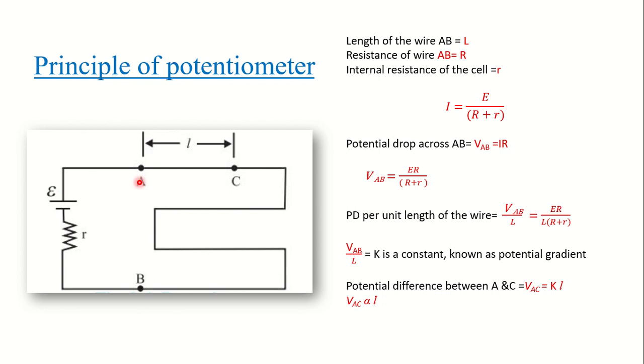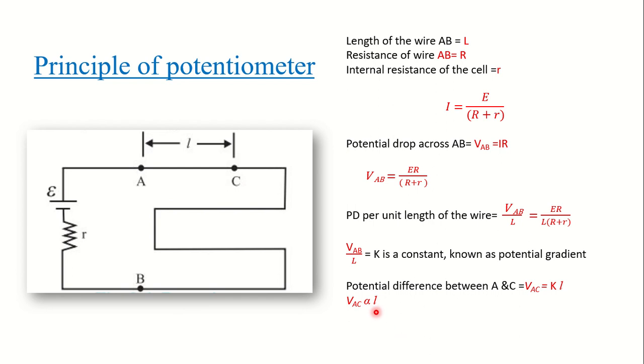The distance between A and C is equal to L. Now the potential drop from A to C will be equal to K into L. K is the potential gradient, or the potential difference per unit length of the wire. So the potential drop from A to C is K into L, or you can say that the potential difference between A and C is proportional to L.